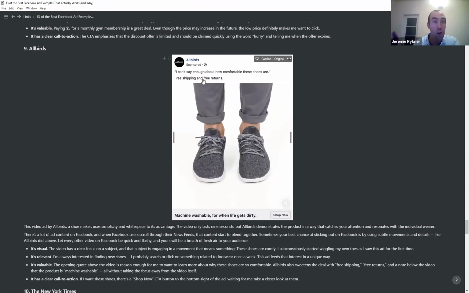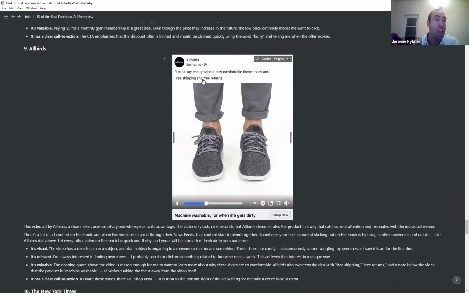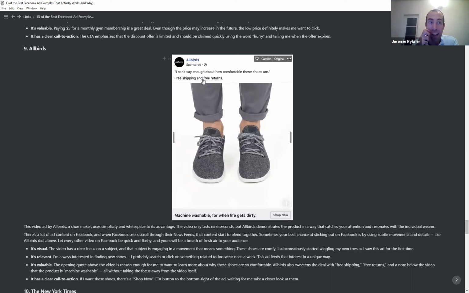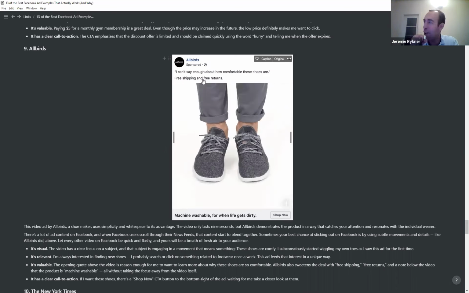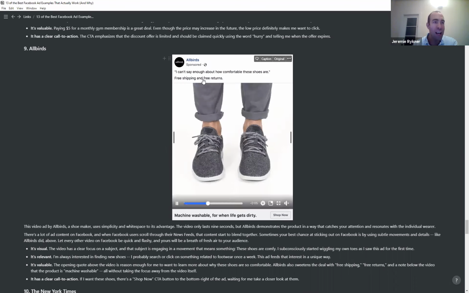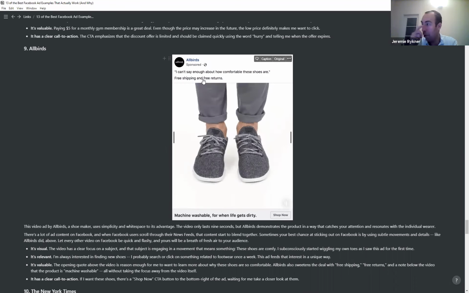You don't see the whole person, you don't see just shoes. You see someone wearing shoes and moving his feet. So this is subtle, funny, intriguing, different than what you would normally see on your feed. That's why it's catching your attention. Real focus here, plain and simple, on the shoes. No added text to the video, just the shoes themselves.